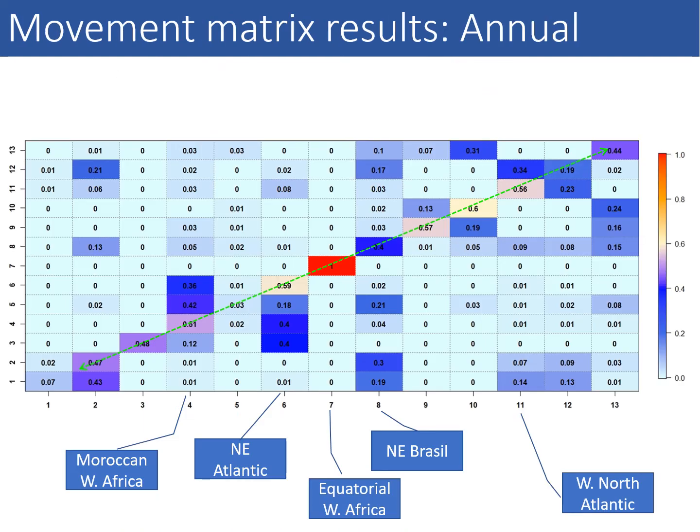So the movement transition matrix looks like this. We have 13 areas. The y-axis represents the starting area for each simulated track, and the x-axis represents the area where it ended up at the end of the time period that you're looking at. So this is an annual matrix, so it's simply a representation of the overall movement in and out of the particular areas.